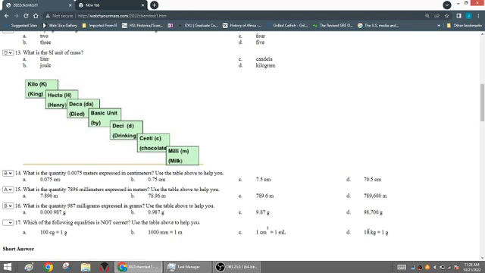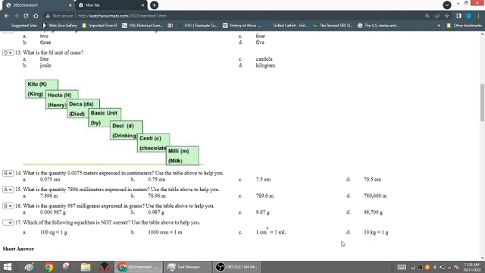We're going to a bigger unit, starting from a smaller unit. So this number is actually going to become smaller, which means we would need to move the decimal over 1, 2, 3 places to the left, giving us 0.001 kilograms. That's obviously not 10 kilograms.